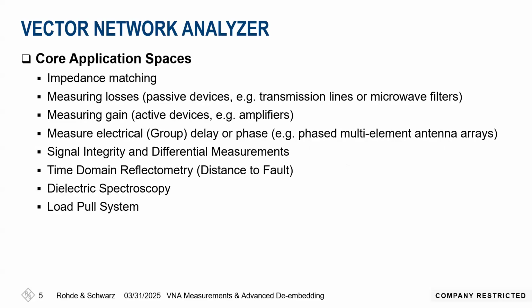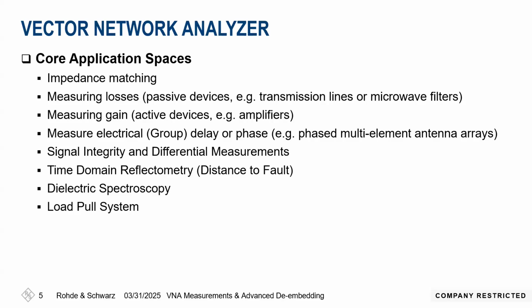So where are these vector network analyzers used? They are capable of doing the S parameter measurements of devices, both active devices and passive devices. Nowadays they are mainly used in high-speed signal integrity applications. They can also do time domain measurements.